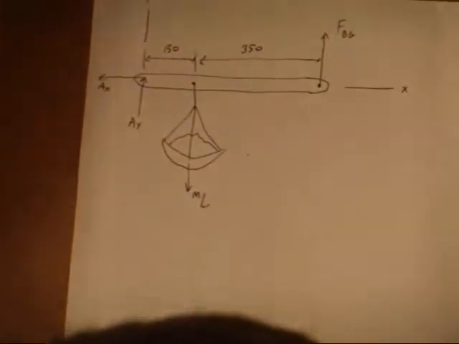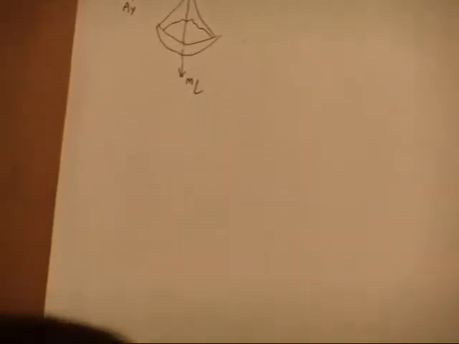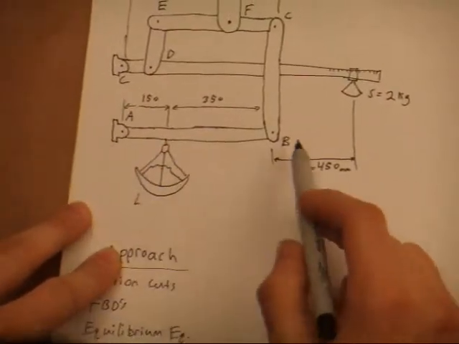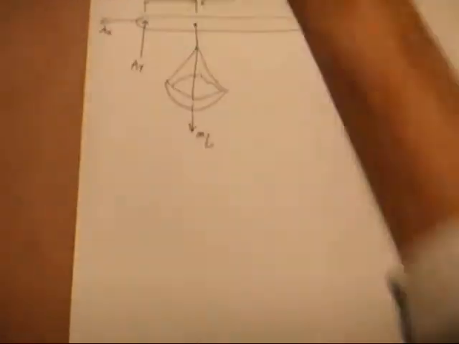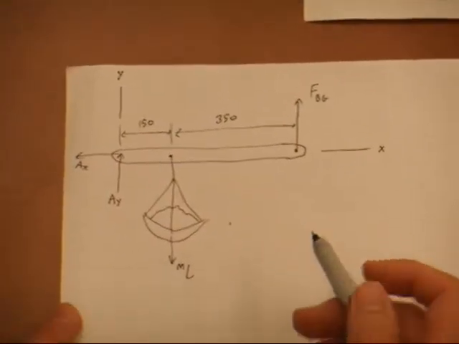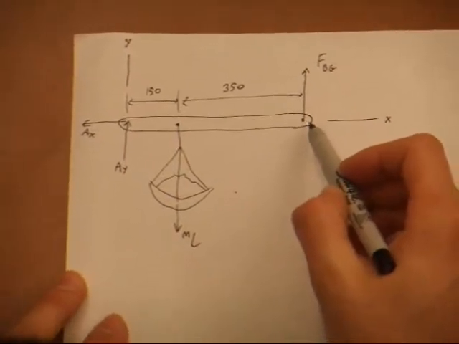We now go to our final cut, which is this section right here with the load L on it. And we now know F_BG.